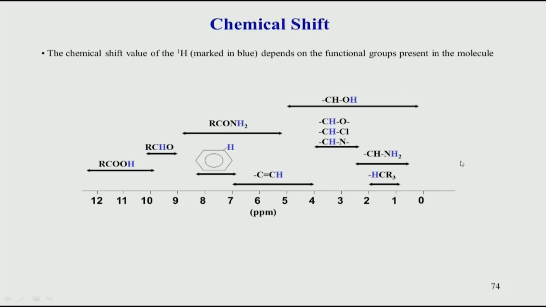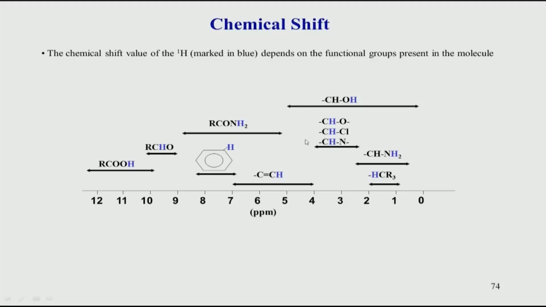To recollect, the last time we mentioned that anything on the right side, typically towards 0, 1, 2, 3, we call upfield shifted. And the one towards higher values like 7, 8 and so on, we call downfield shifted. Remember, this is just a qualitative notation to decide which is more upfield or downfield, typically with respect to the center of the spectrum.